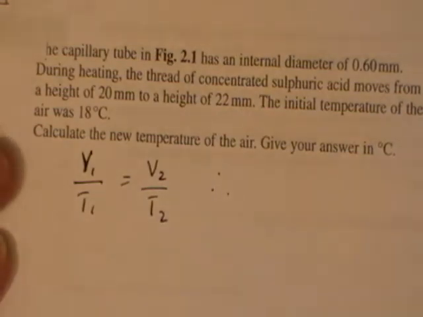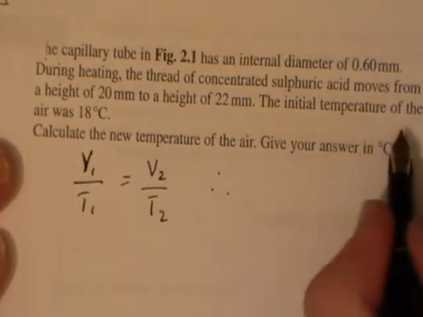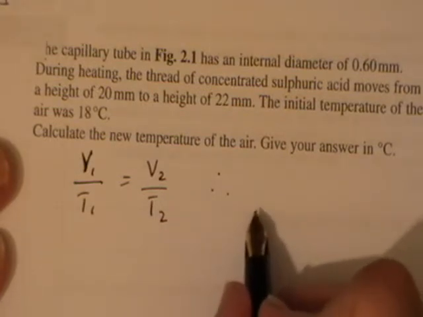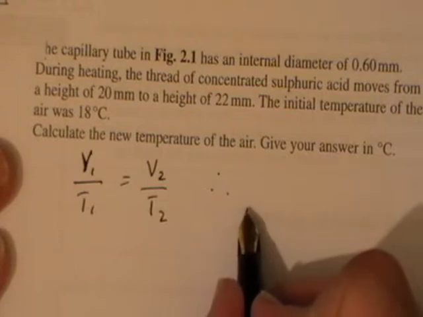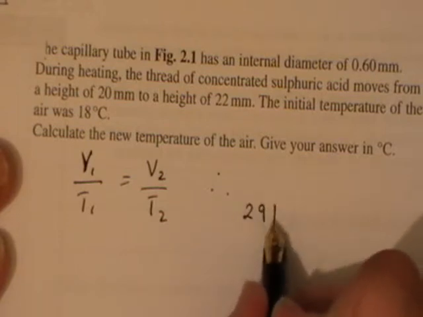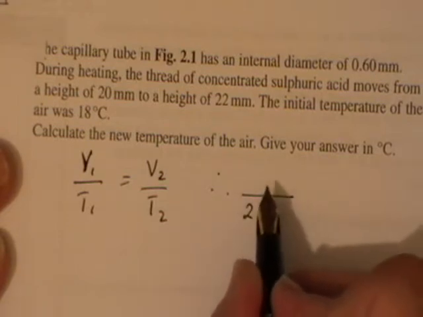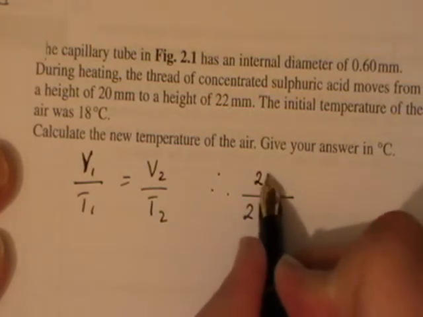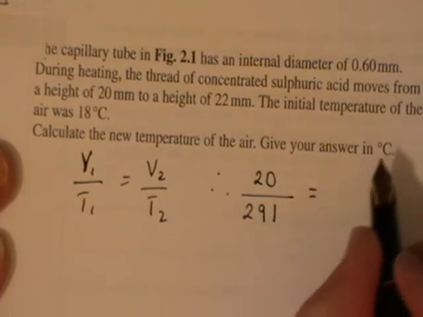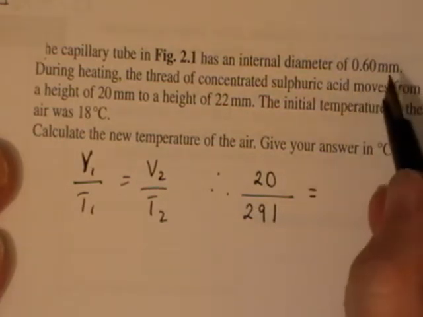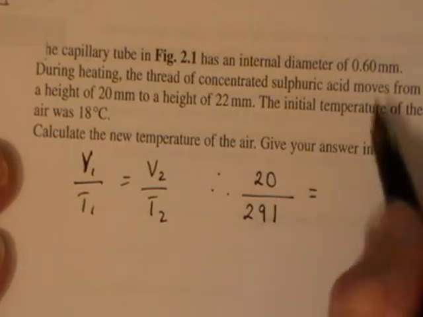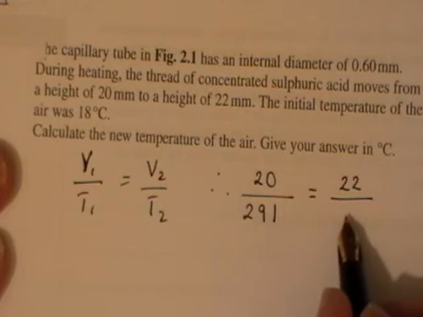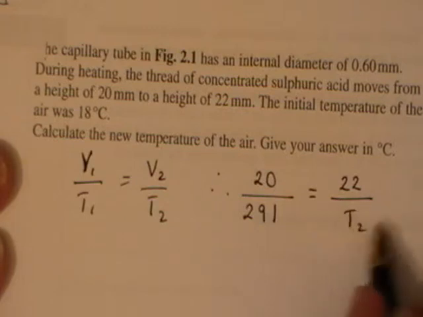Therefore, the initial temperature was 18, so that becomes 273 plus 18, which is 291. So 20 over 291 is equal to, we don't have to multiply by the diameter all the time because it stays the same, so it would cancel out on both sides, 22 divided by the new temperature T2.